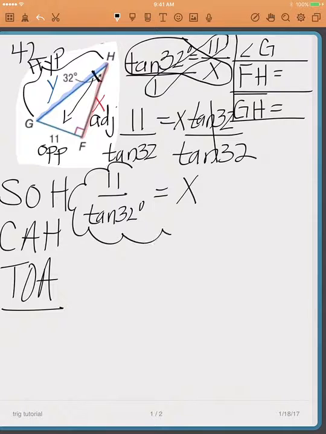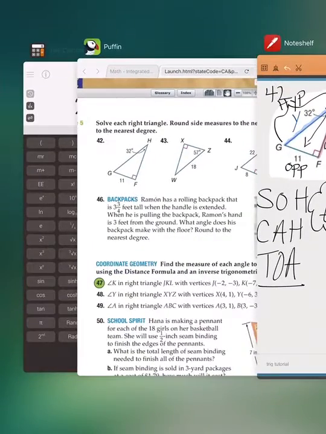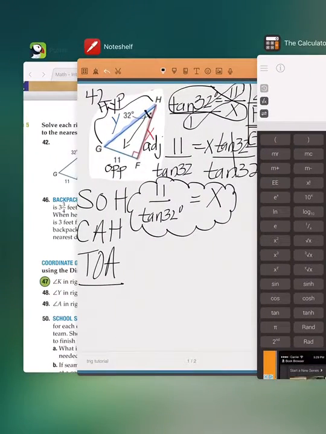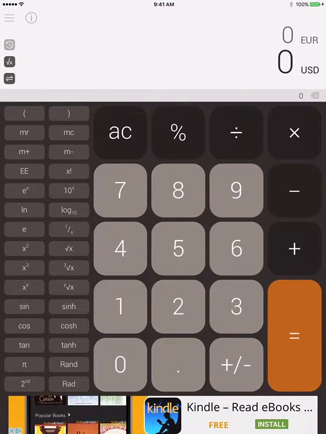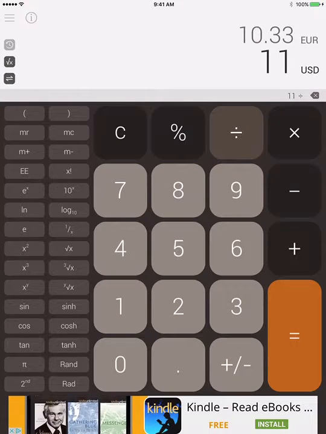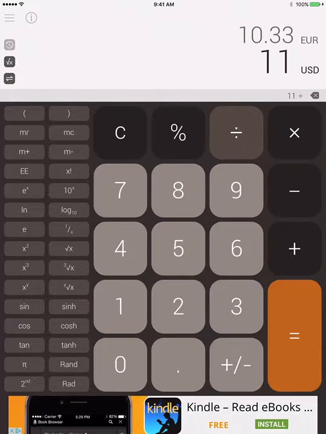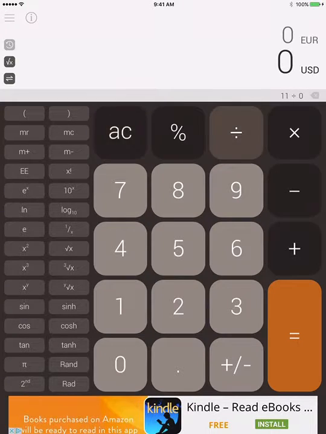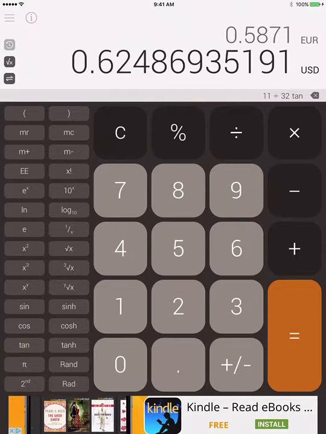So this is what I want to plug into my calculator. I don't have my graphing calculator, but I'm just going to use a calculator that I downloaded on the iPad. So let's make sure we have this. It's 11 over tangent of 32. Let's clear everything just in case. Do 11 divided by the tangent of 32, but I have to do the 32 first. So I do 32, tangent, and then equals.